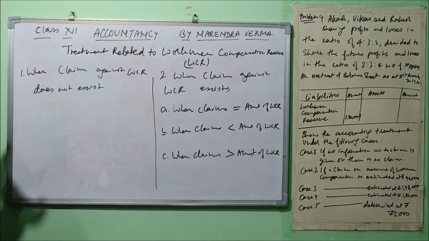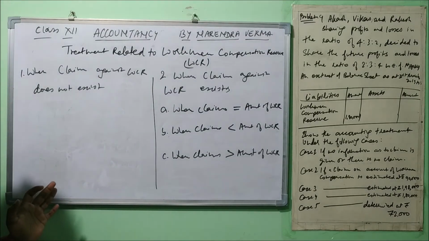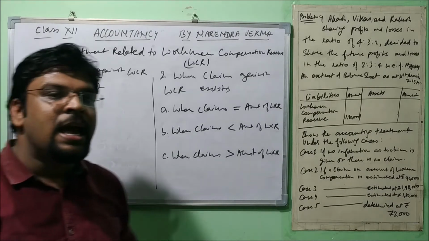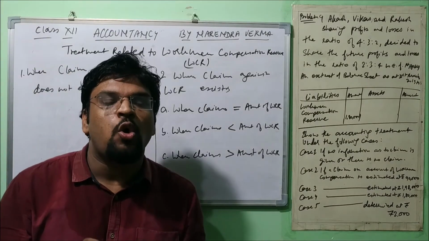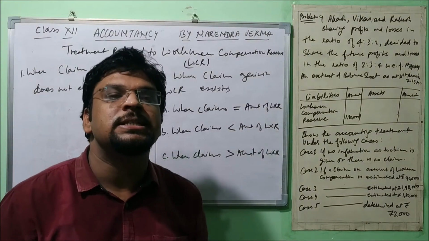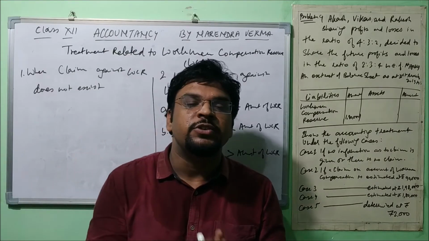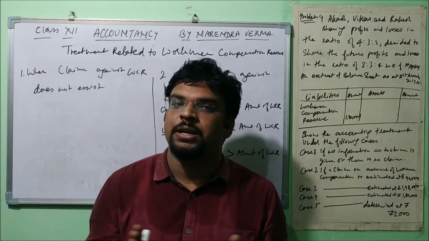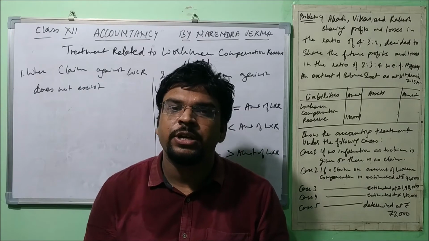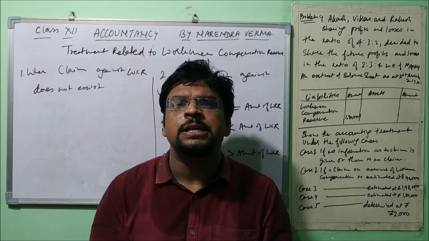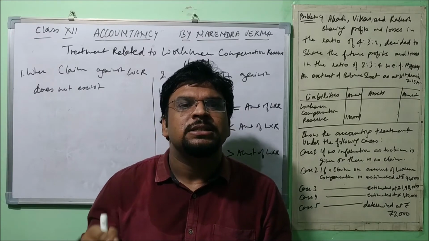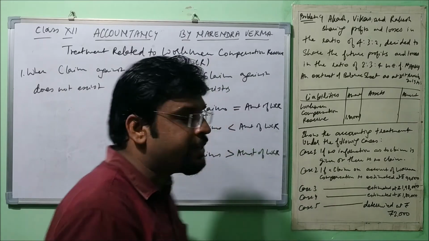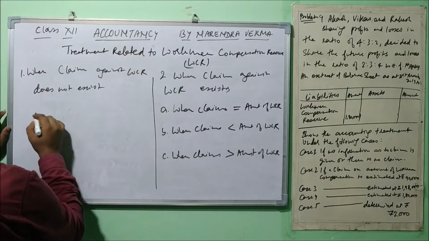Let's talk about the case when there is no claim, right? Then in that case, the entire amount of WCR is distributed among the partners. And what will be the journal entry? The same journal entry, as similar as the general reserve, right? Only the name will change.